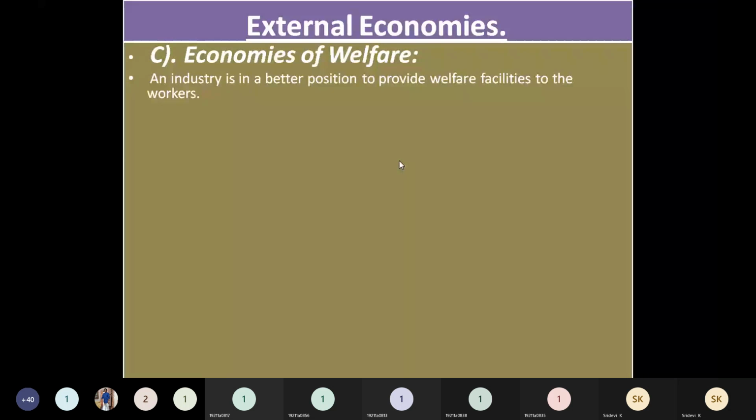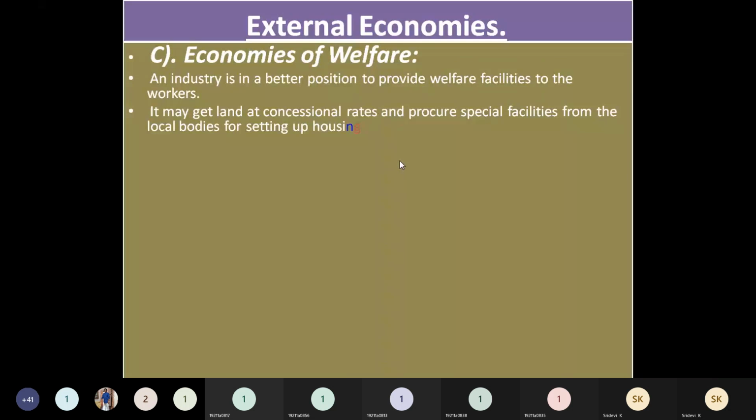Inside the company, some welfare facilities are provided by the company. Outside the company also, housing facilities will be there. You can set up your own housing colonies also, like BHEL is doing. To provide housing colonies from the society, you are going to procure the land.